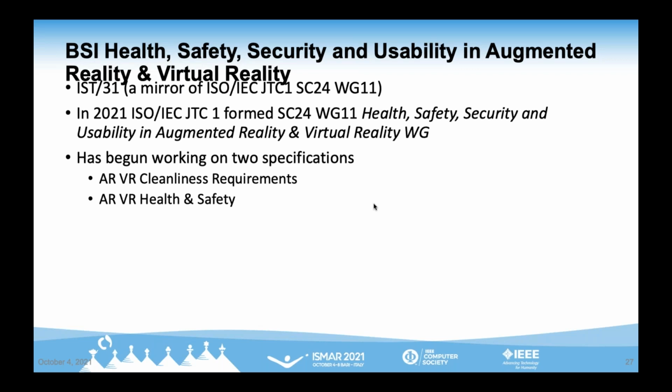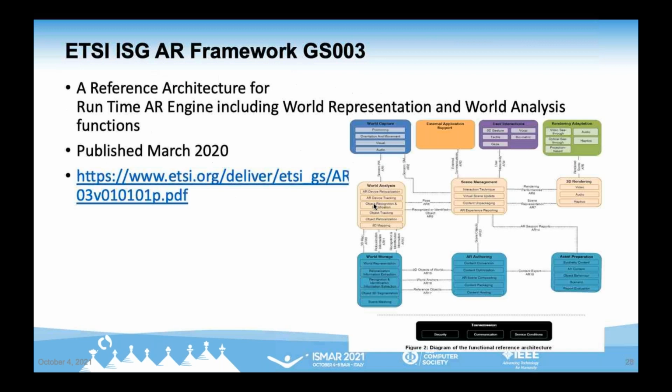So in 2021, the working group 11 was formed and has begun working on 2 specifications, the AR/VR cleanliness requirements and AR/VR health and safety specification. Just at the beginning of that work, and there are meetings regularly scheduled of the BSI, as well as the SC24 Working Group 11.